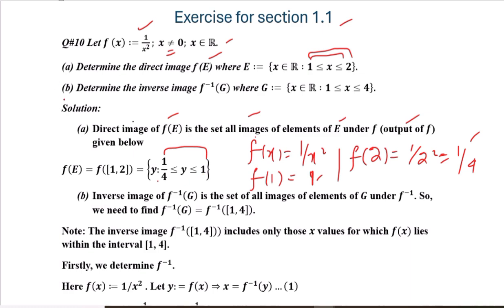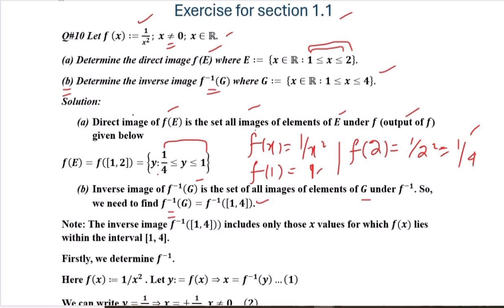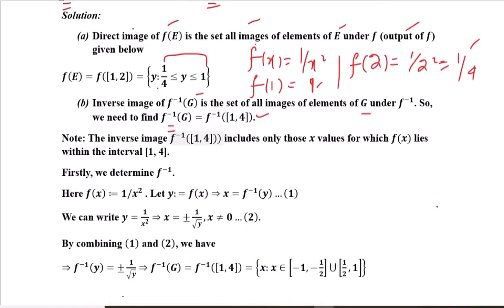Next, our target is to determine the inverse image f inverse of G, where G is this set, closed interval 1 to 4. The inverse image f inverse of G is the set of all images of elements of G under f inverse. So we need to find f inverse of G, that is f inverse of 1 by 4, or we can simply say that we need to find the values of x when your y lies between these two.